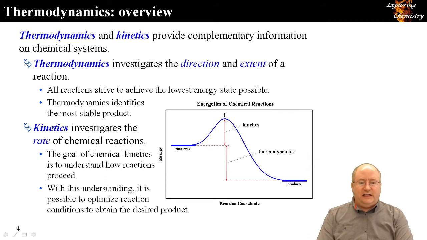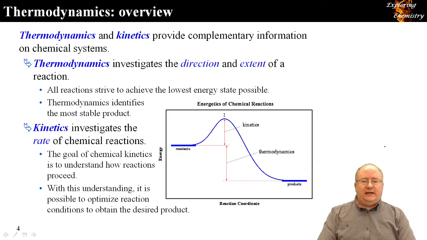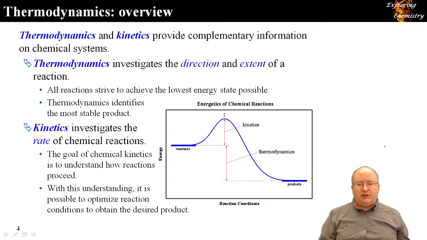And as you can see here, thermodynamics is the energy difference between the reactants and products. Kinetics, of course, is the energy from the reactants to the barrier. So thermodynamics identifies the most stable state. It identifies the equilibrium position. Kinetics tells us how long it's going to take to get to the most stable state, or if it's at all possible.